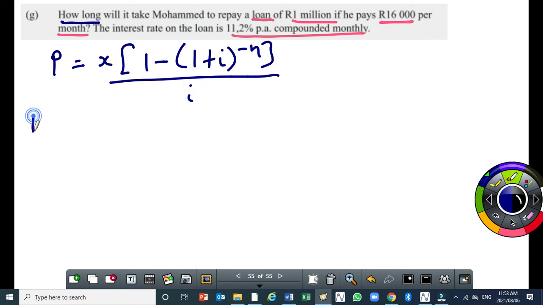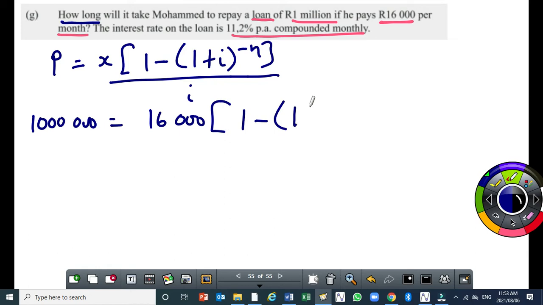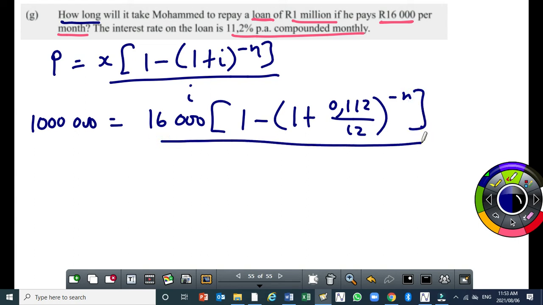Our P is 1 million, X is 16,000, and 1 minus 1 plus i, where i is 11.2%, which is 0.112 over 12. Now your N is the one we want to calculate. This is all over 0.112 over 12.